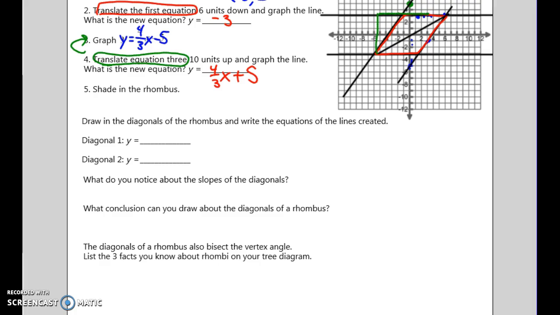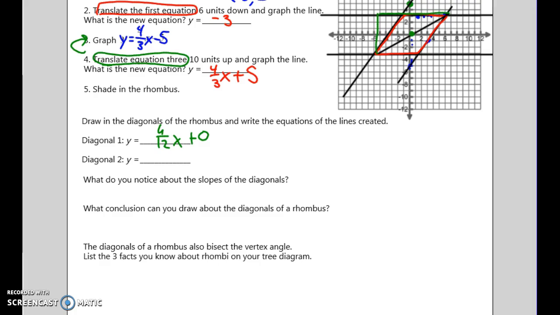And then over how many? 12? So it's 6 over 12x. And where does it go through the y-axis? At the origin, which would be 0.